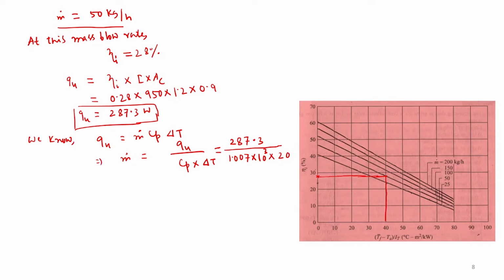If we do the calculation, then m dot is found to be 51.354 kg per hour.